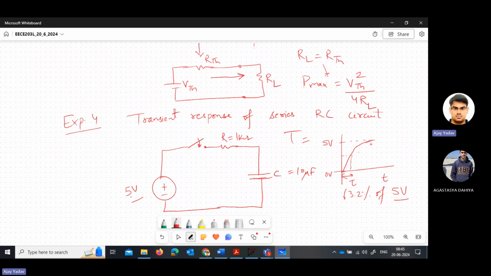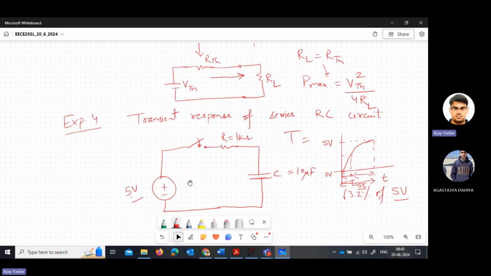Generally, it is said that it requires around 5 tau time. So here you require 5 time constants, 5 tau, to go from 0 to the peak value of the DC signal which you are giving here. Okay. In the LTSPICE analysis, because we are not using a switch, we will use a pulsed signal here.